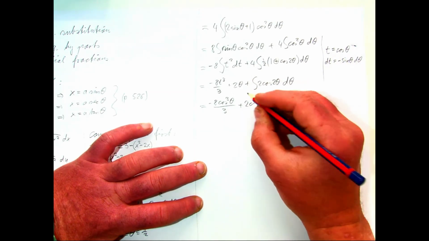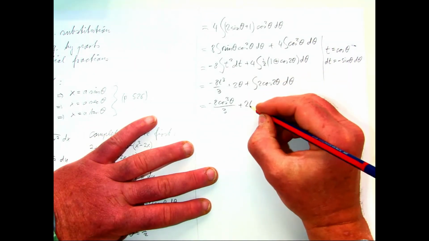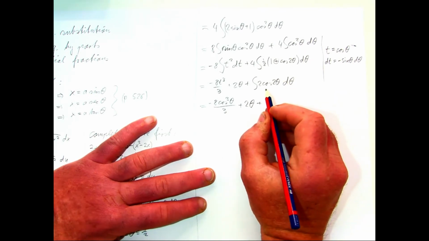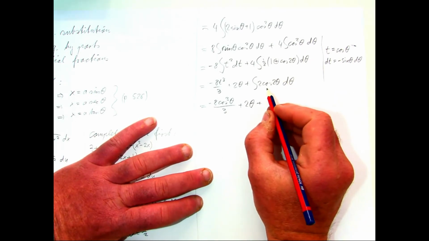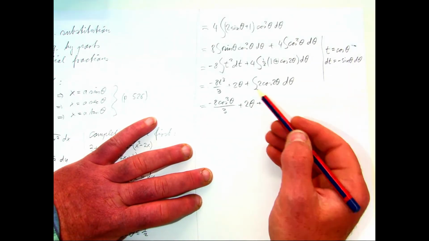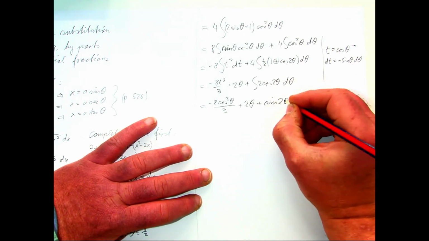The theta just at the moment stays a theta. And here it's also easy to read off what the antiderivative is. Obviously, it's sine of 2 theta. If you differentiate, you will get cos of 2 theta times the inner derivative. So it's sine of 2 theta.